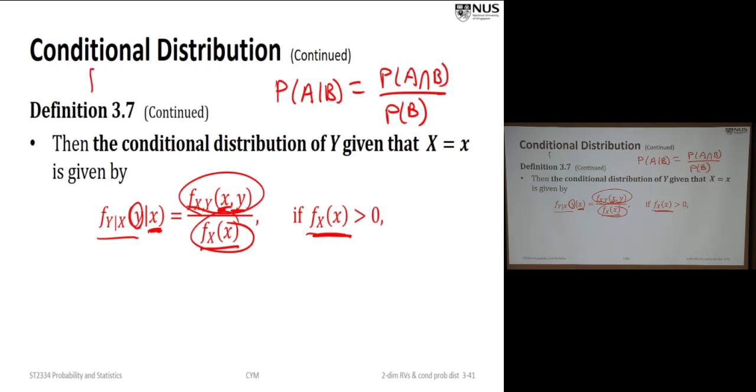The marginal of y is a function of y, no x, because you already integrated out x. This one depends on x. Of course, sometimes in a special case you may not have an x, but in general it is a function of x, which can be any function of x. And because it's talking about y, it also involves y. So it's a function of x and y.